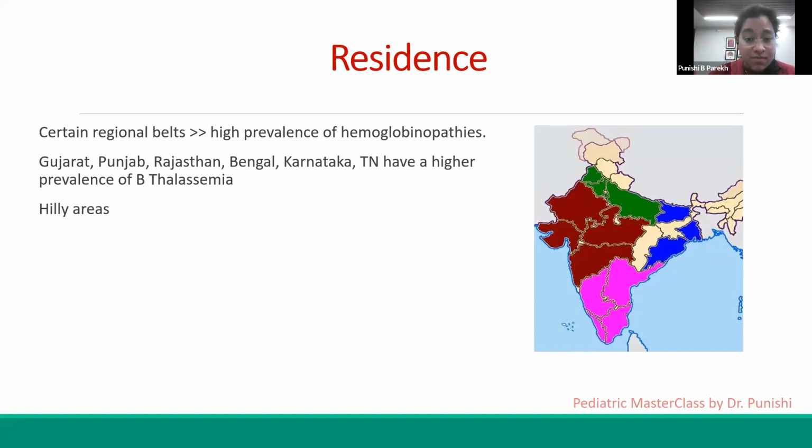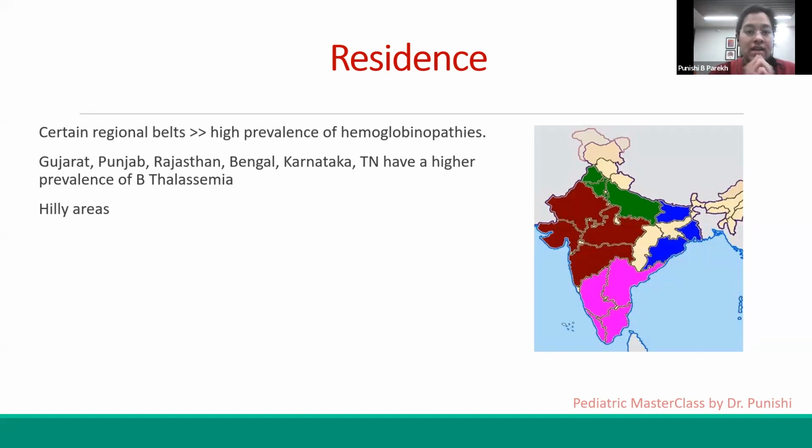On the east, you have West Bengal. All of these regions have certain belts that have a higher prevalence of beta thalassemia and other hemoglobinopathies, like sickle cell, etc. Even within certain states, like let's consider Maharashtra, there are certain regional belts in Nagpur, Gadchiroli, etc., that have a higher prevalence of these hemoglobinopathies. So knowing the residence is very important.